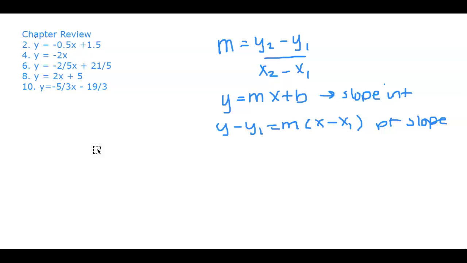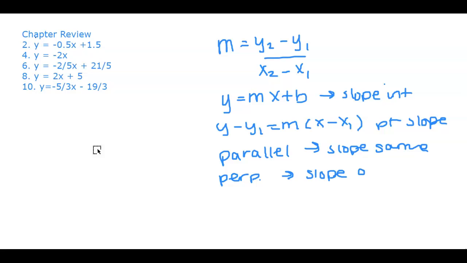If two lines are parallel, then the slope is the same. If two lines are perpendicular, then the slopes are opposite reciprocals.